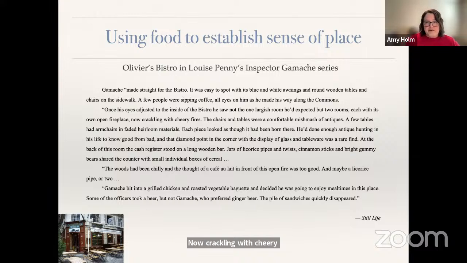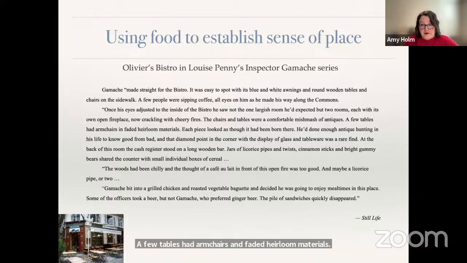The chairs and tables were a comfortable mishmash of antiques. A few tables had armchairs in faded heirloom materials. Each piece looked as though it had been born there. He'd done enough antique hunting in his life to know good from bad, and that diamond point in the corner with the display of glass and tableware was a rare find.